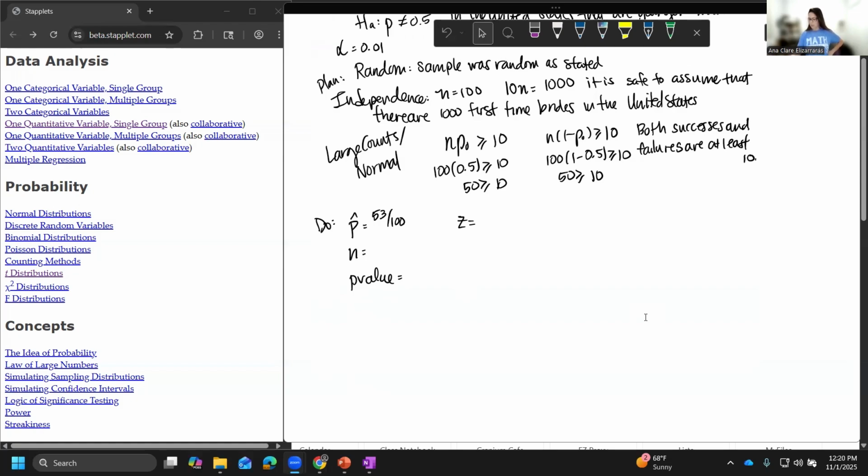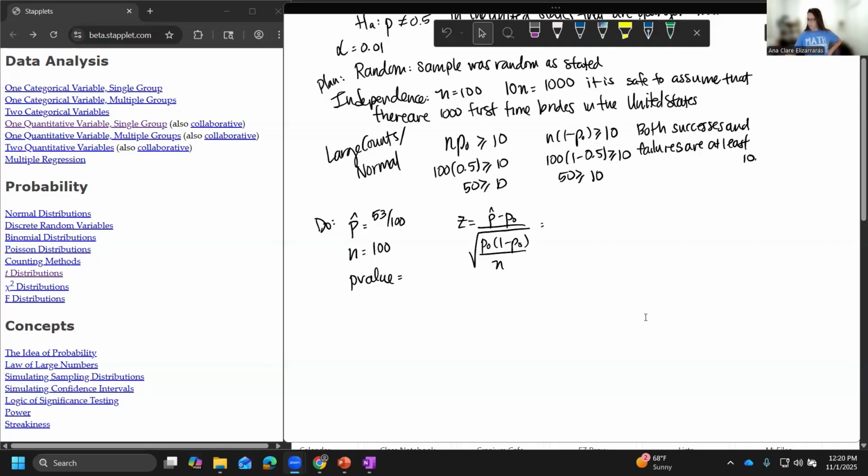The sample size was 100, and our z-value is found by taking your sample value minus your hypothesized value and dividing that by the square root of the hypothesized value times 1 minus the hypothesized value over n. Using the values for this problem, 53 divided by 100 is 0.53.